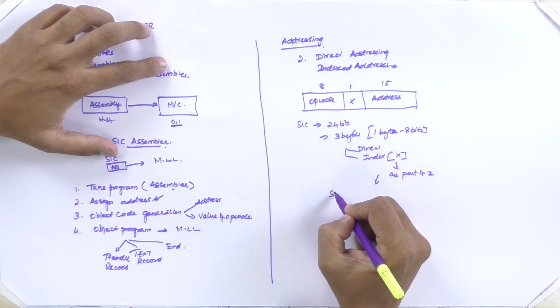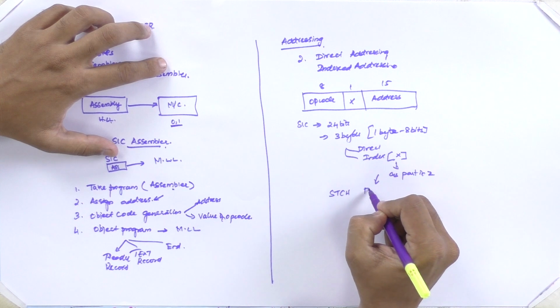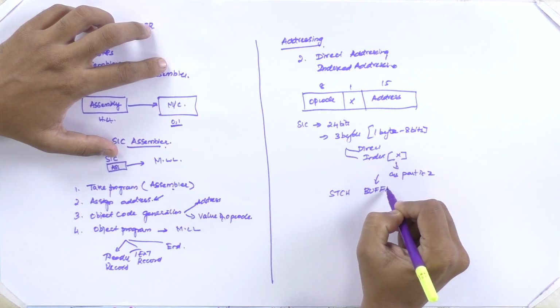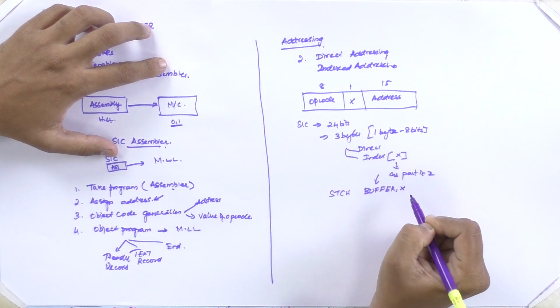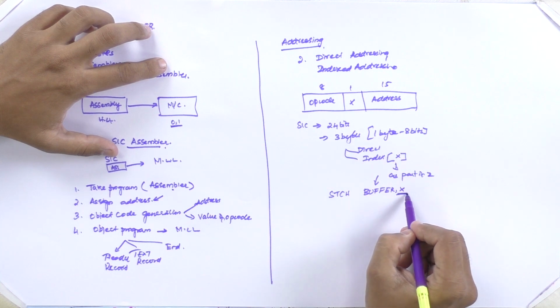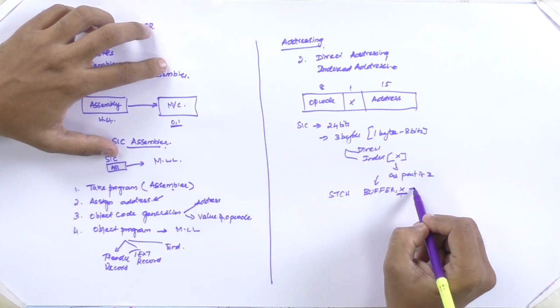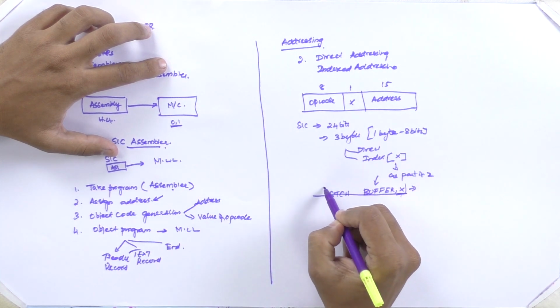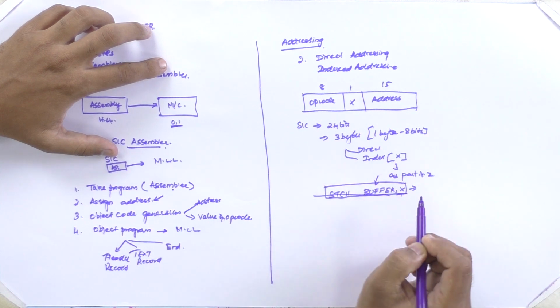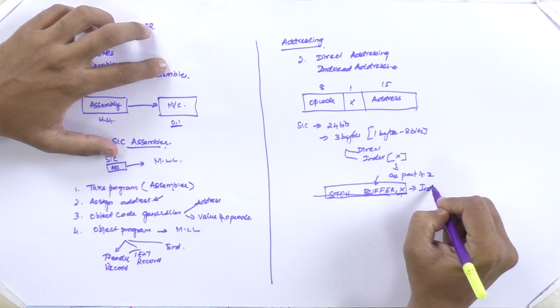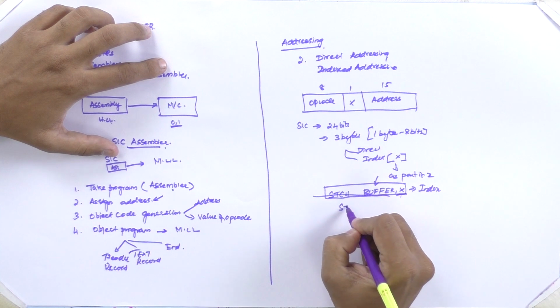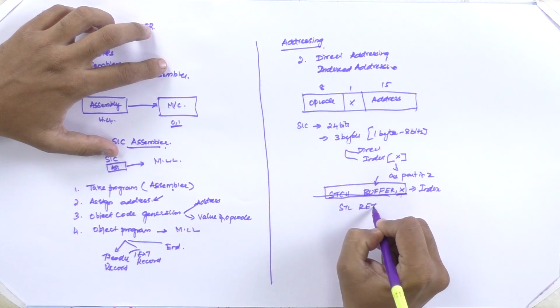For example, we will have an instruction like STCH BUFFER comma X. That means X is a part of the instruction. So this type of instruction is actually index addressing mode. Another instruction, STL RETADR.